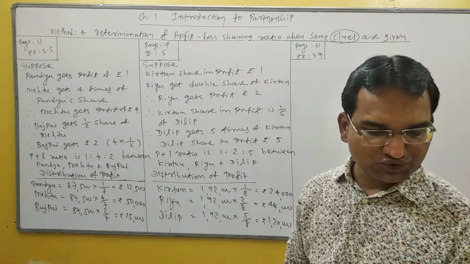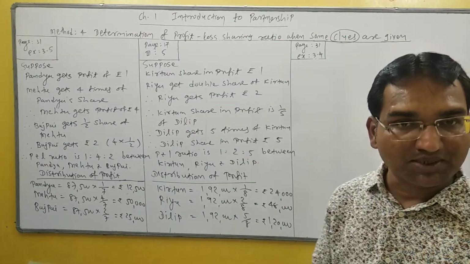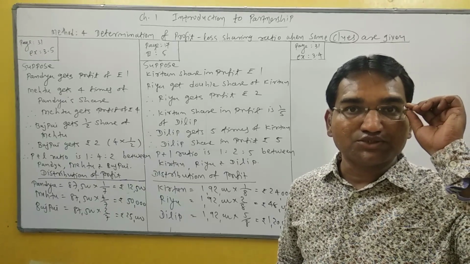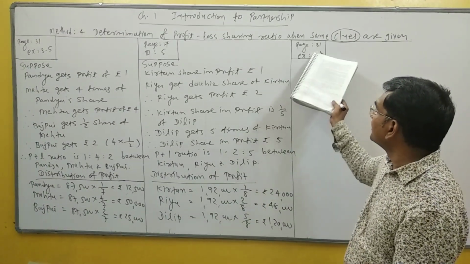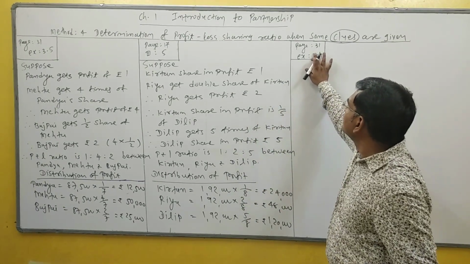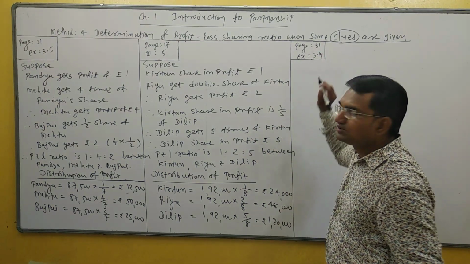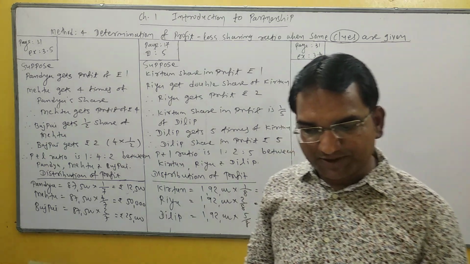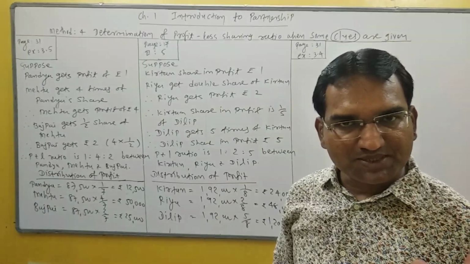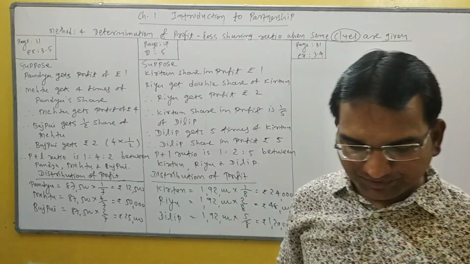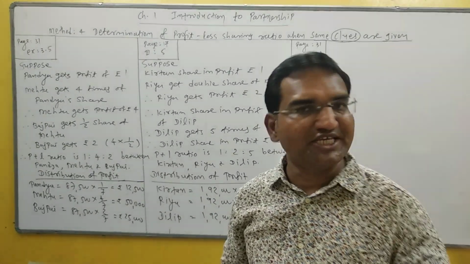The profit sharing ratio of Rajkumar, Kaushik and Sharma is 15:10:9. Students, open your textbook, page number 31, exercise 3.4. Profit sharing ratio is given and total profit of the year is given, 68,000. Determine the share in profit of each partner.